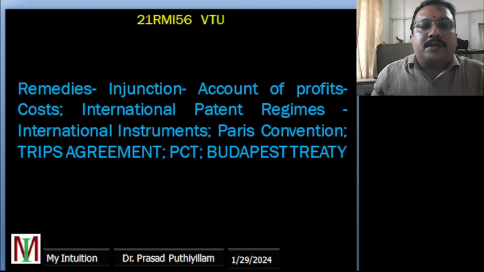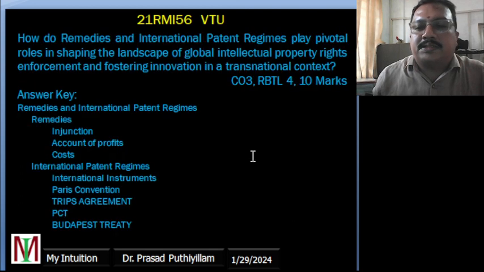Then what are the other protections, government protection for the patent, like international patent regimes, the international Paris Convention. So international instruments come under the patent regime only, the same meaning: the TRIPS agreement as well as PCT and the Budapest Treaty. Very interesting topic.